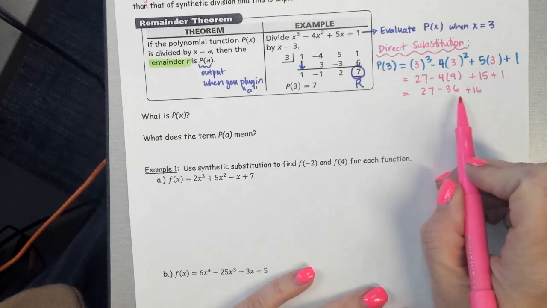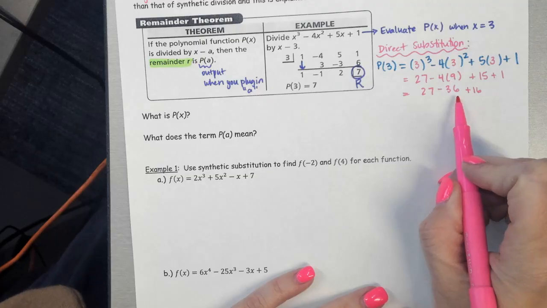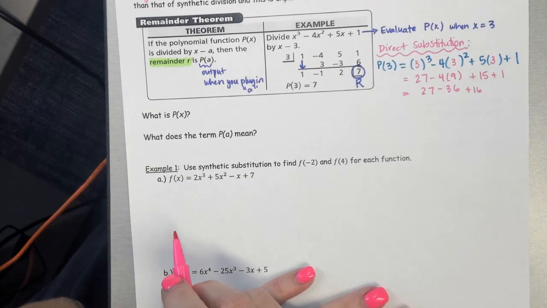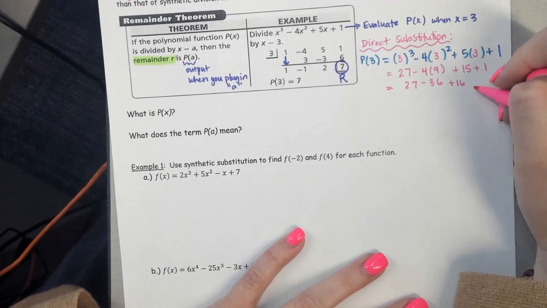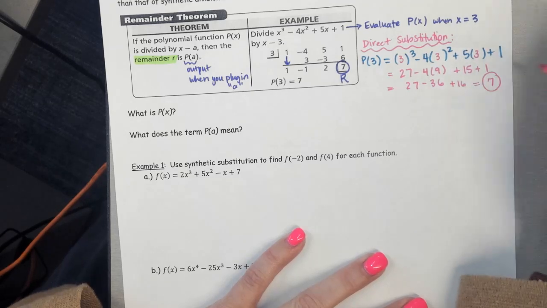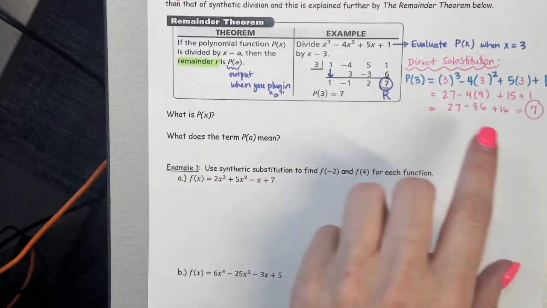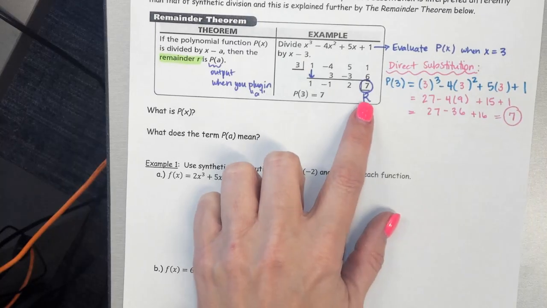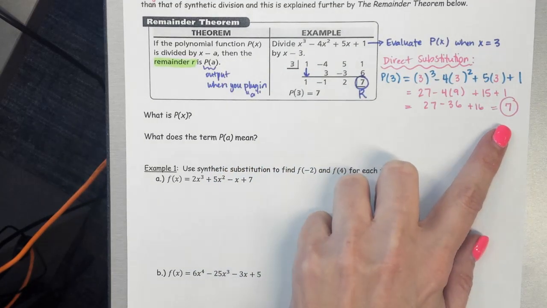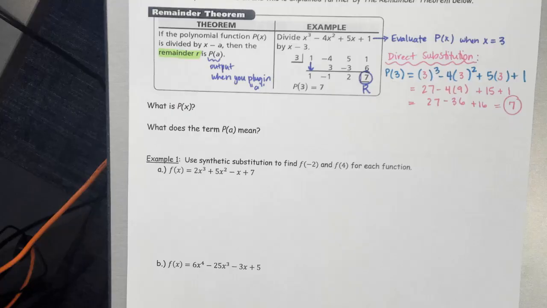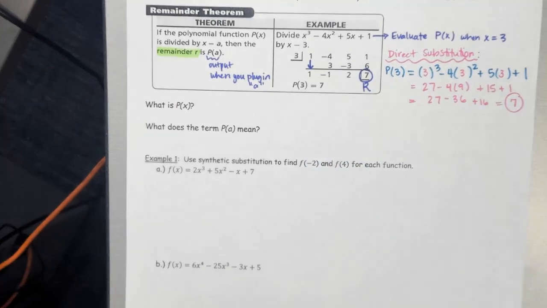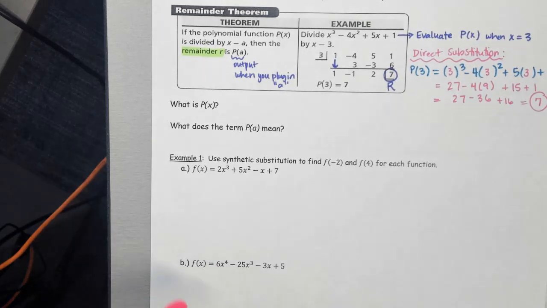Sometimes I'll add these together first, right? So negative 36 plus 16 would be negative 20. 27 minus 20 is going to give you 7. Okay, so using synthetic substitution, the remainder is the same thing as your direct substitution. All right, so this is another way to use this that can be a little bit faster.